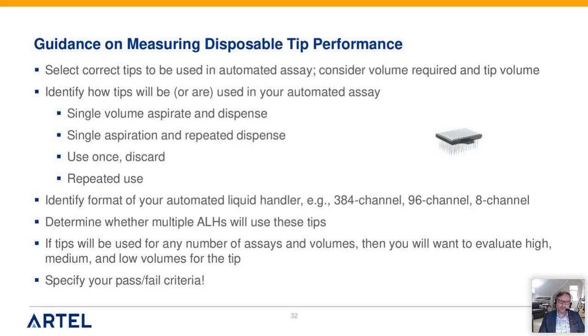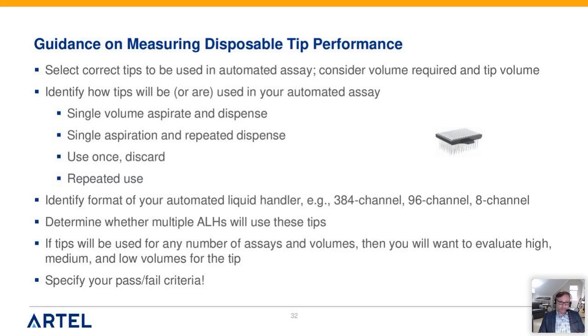But if you're going to be doing a whole range of volumes, you'll need to select the appropriate tip, and then you'll need to qualify those tips for what you're interested in. And again, you want to make sure that you're identifying how these tips are going to be used in your automated assay. Are you going to be using them once and discarding, or repeated use? So when you're setting up your verification program, you want to replicate that. Do exactly what you're planning on doing in your automated assay, and then you can set up this verification program.